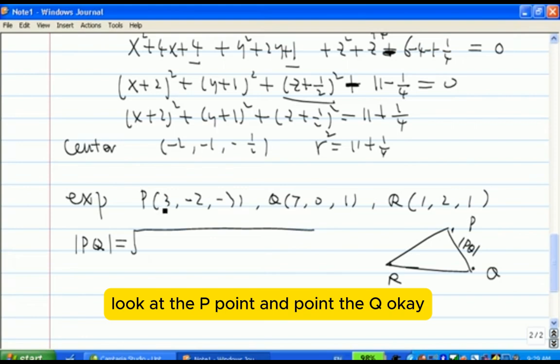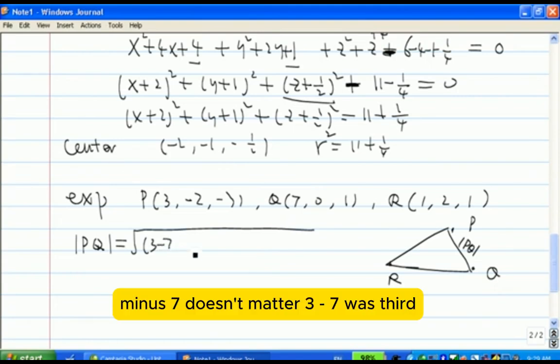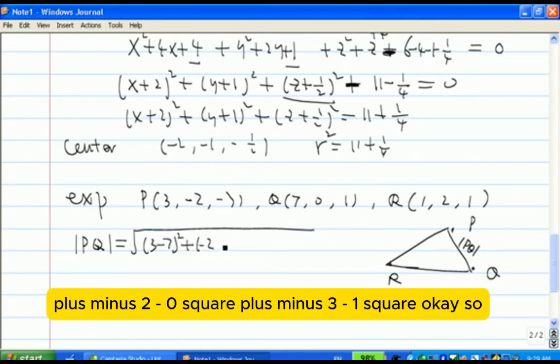Look at point P and point Q. So it's 3 minus 7. It doesn't matter, 3 minus 7 or 7 minus 3, you're going to square it. Plus minus 2 minus 0 squared, plus minus 3 minus 1 squared.